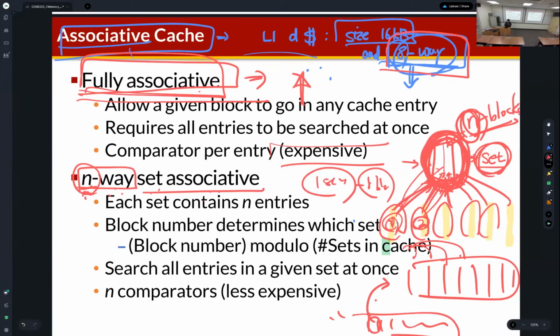In the previous example, I said that the Intel cache is the 8-way set associative cache, which means in the Intel CPU, this level of data cache can store 8 blocks per cache set. So it's called the n-way set associative cache.